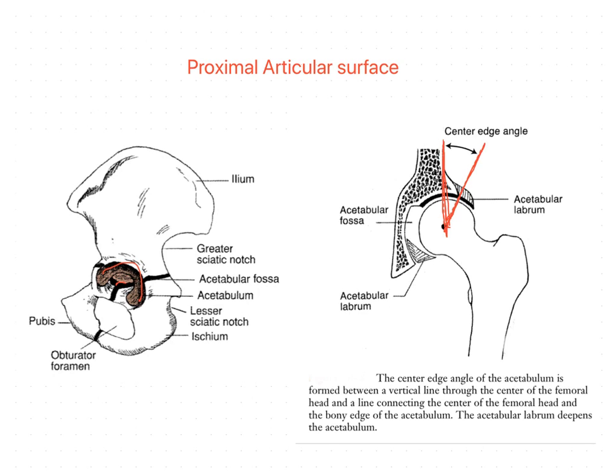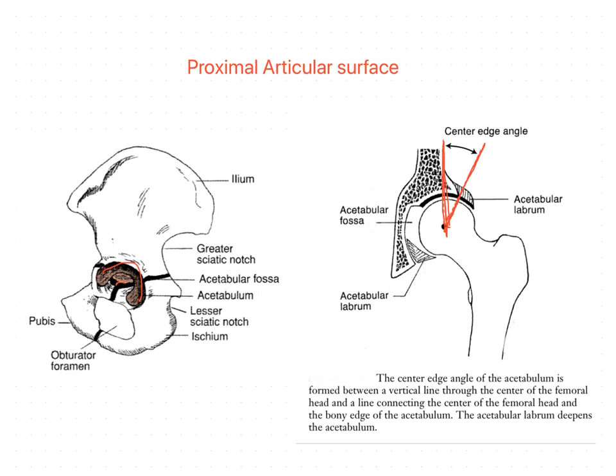Normally, the depth of the acetabulum is increased by the acetabular labrum. The acetabular labrum is a structure made up of fibrocartilage, a wedge-shaped ring of fibrocartilage around the acetabulum.